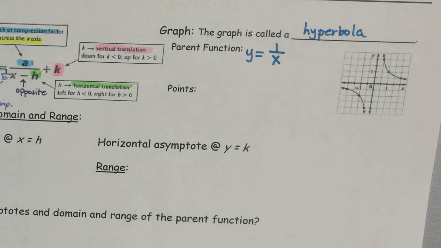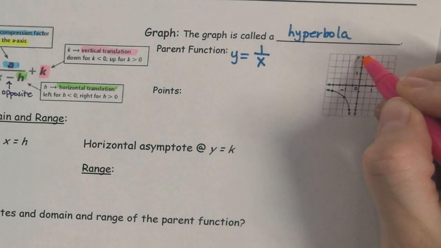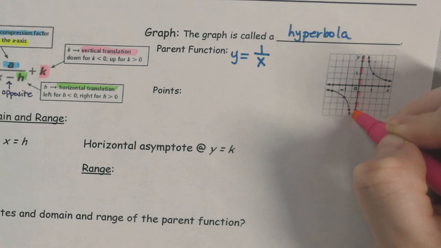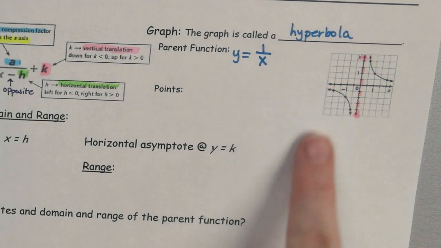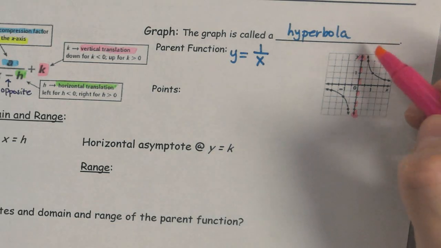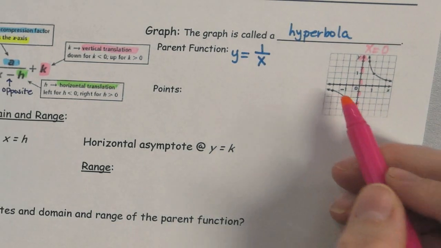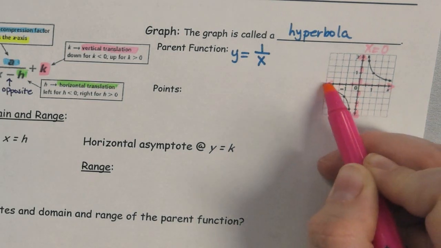And we're going to point out where the asymptotes are, and I use a highlighter because it's very hard to see on here. So when you're doing your homework, you can also use a highlighter or a colored pen. And this is a vertical line. Every vertical line is x equals, so this is x equals 0. And then you have another one. So these two make a plus sign.